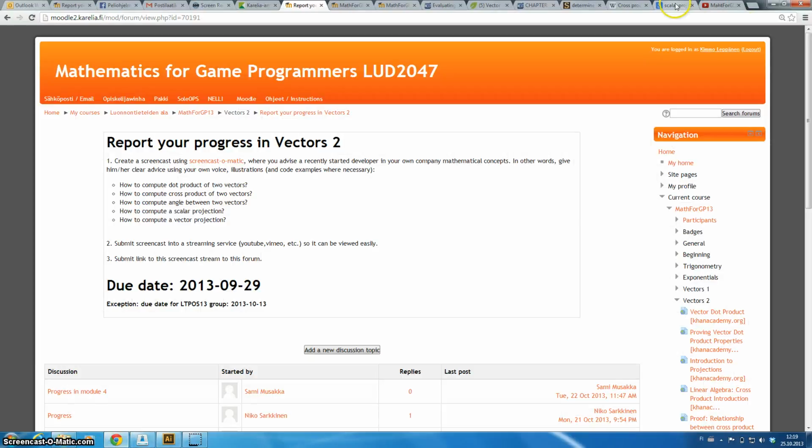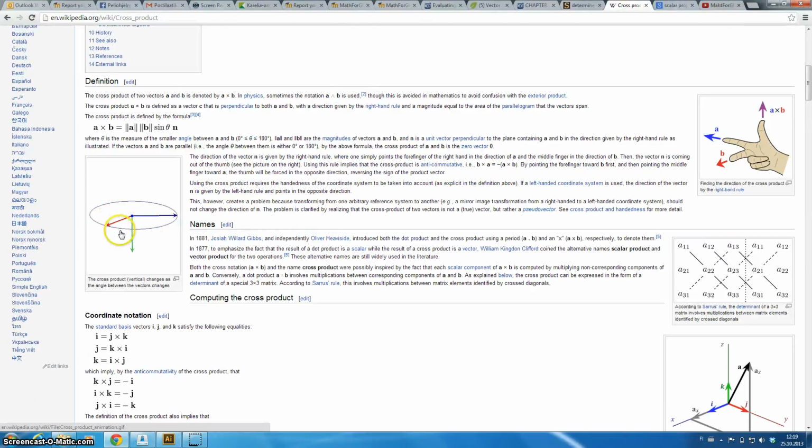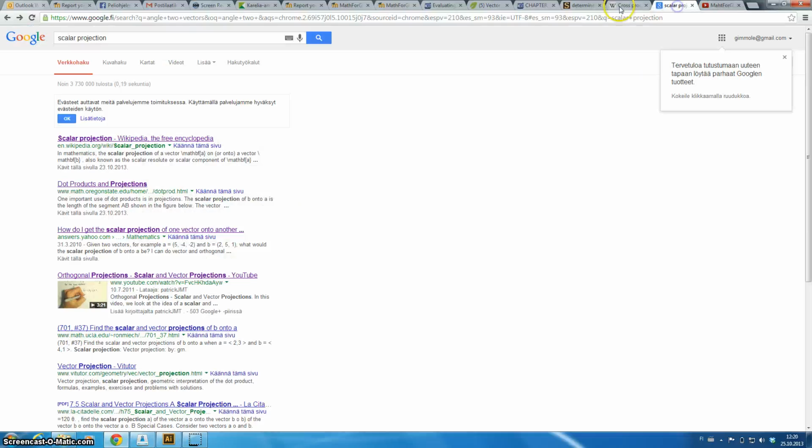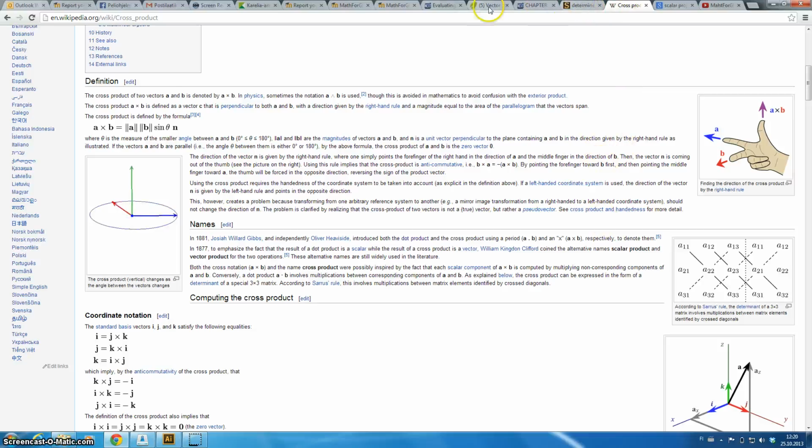It is easy to explain with this kind of animation where the two vectors cross. The result is at 90 degrees to both of those vectors, and its length is related to the angle between them.